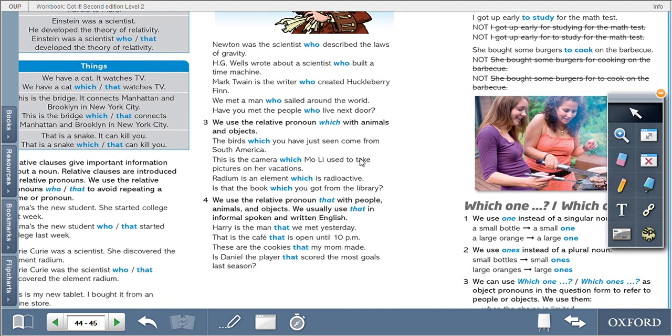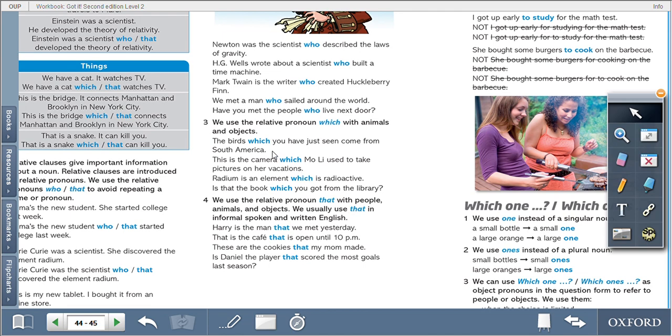Después tenemos which here, and which we use it with animals and objects. Chicos, which es para objetos, animales y animales, right? For example, the birds, which you have just seen come from South America. This is the camera which Mo Lee used to take pictures on her vacations.